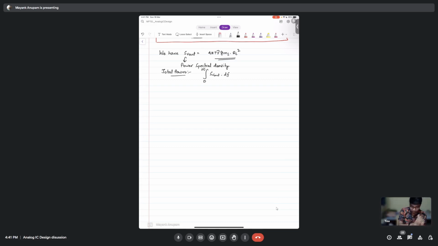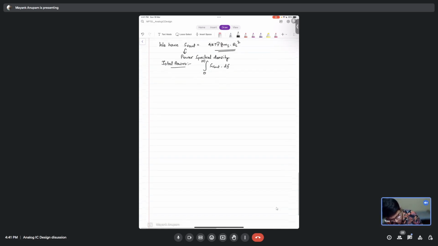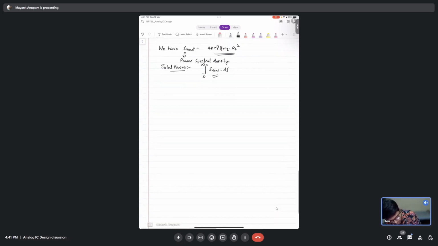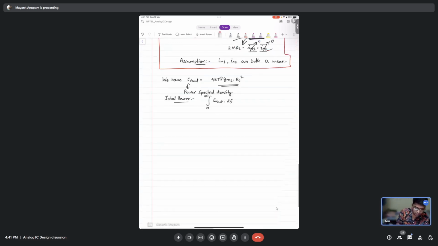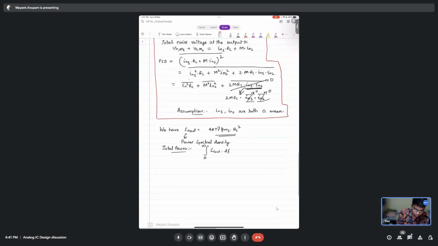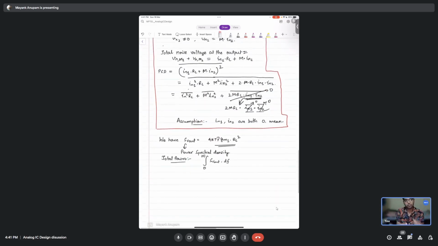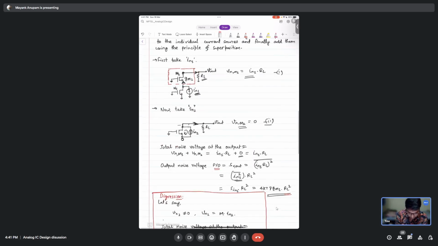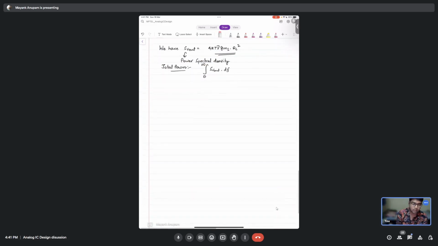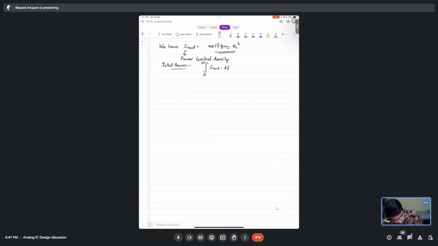Isn't it? Yes. Correct. So when you integrate S_Vout df from 0 to infinity, this is the total power, assuming that your signal is also from 0 to infinity. That is not generally the case. You can assume that the signal has a finite bandwidth.